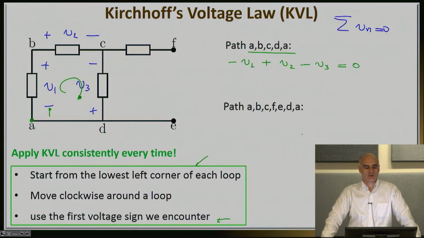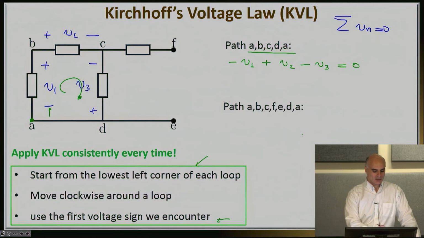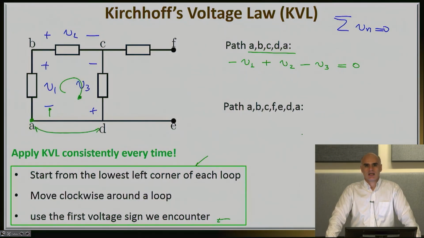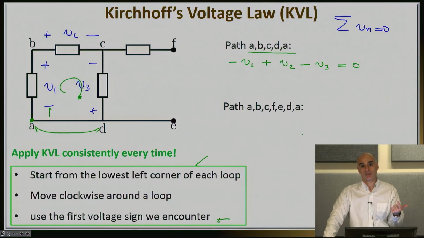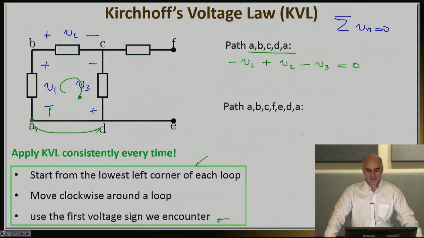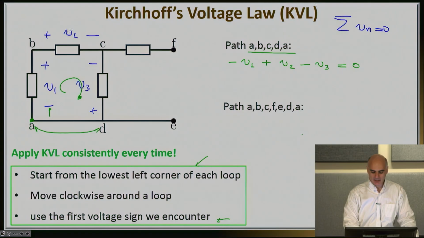And finally, this is equal to 0 because I'm arriving at point D, which of course is the same as point A. So here is a successful application of KVL on the closed path A, B, C, D, A, starting from the lowest left corner, that was rule number 1, moving clockwise around the loop, that was rule number 2, and finally using the first sign of the voltage drop I encounter to give a plus or minus to this voltage.